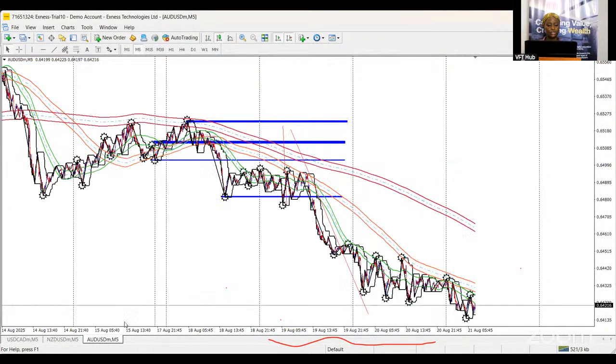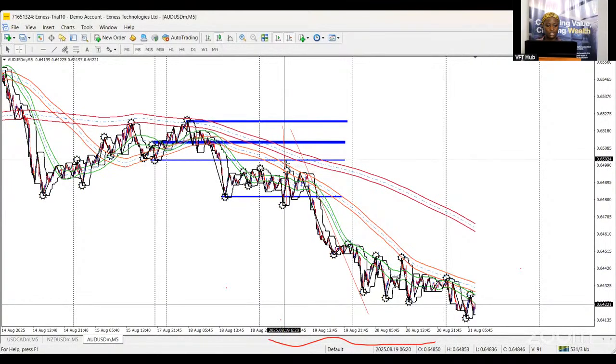AUD USD also gave us a lot, but for the sake of the analysis of levels we marked out during our analysis session on Tuesday, that didn't come to recap. But for me, who saw a confirmation, AUD USD did somewhere around, let's see, 79 plus pips. So you see over 250 pips collectively gotten on these asset classes.